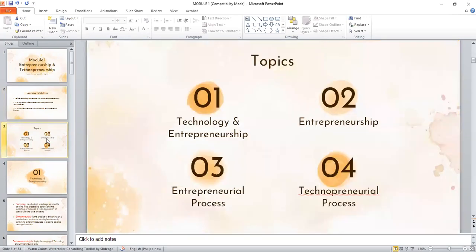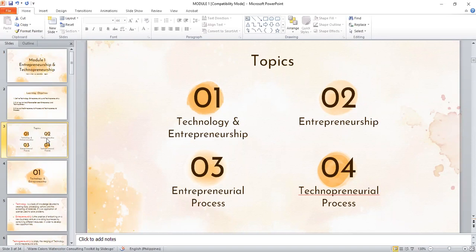As for the topics, I divided it into 4 major sections. The first part, we will talk about technology and entrepreneurship. How will these two be merged? That way we will come up with the word technopreneurship. Then before we go to the technopreneurial process towards the end, which is your guide later on in the submission and compliance of your outputs, we'll discuss first entrepreneurship.